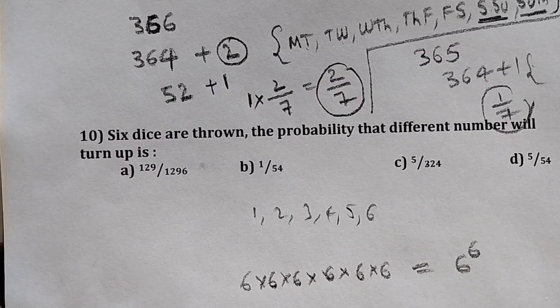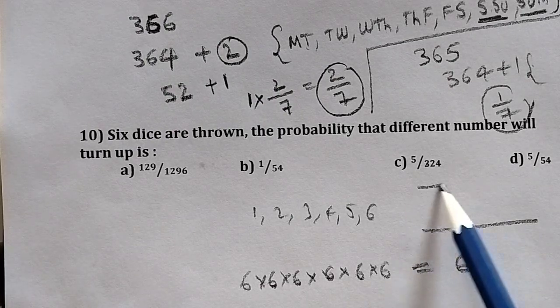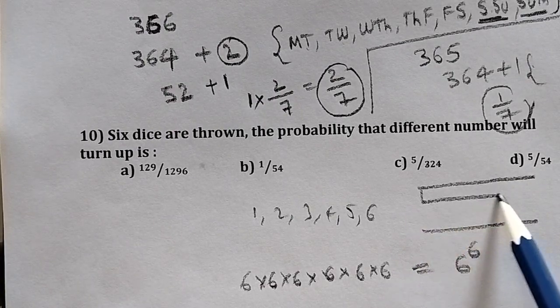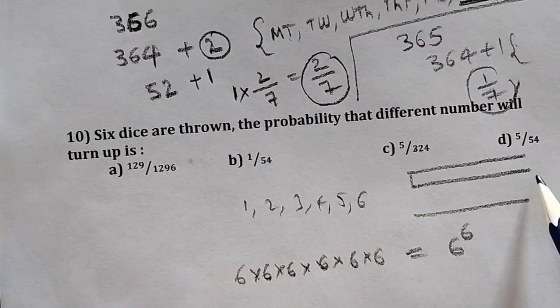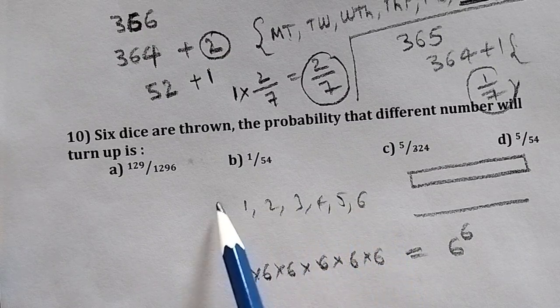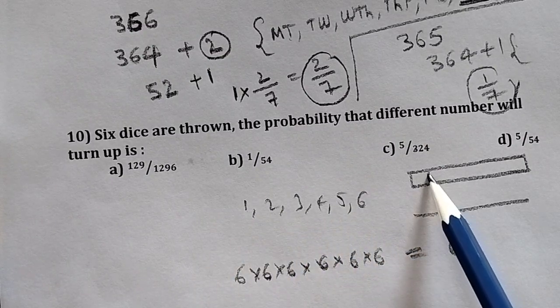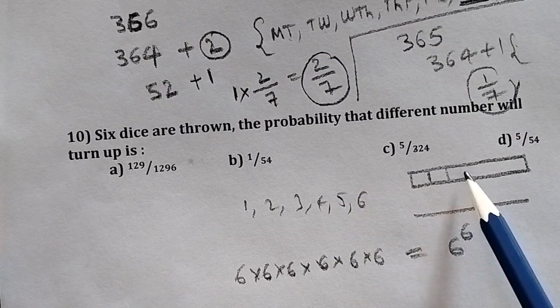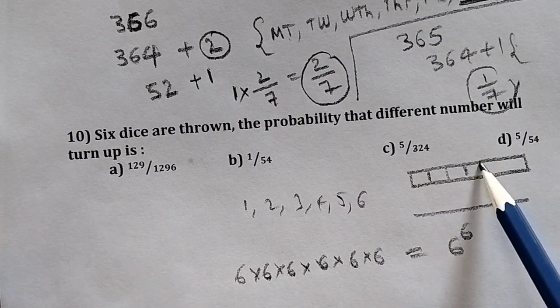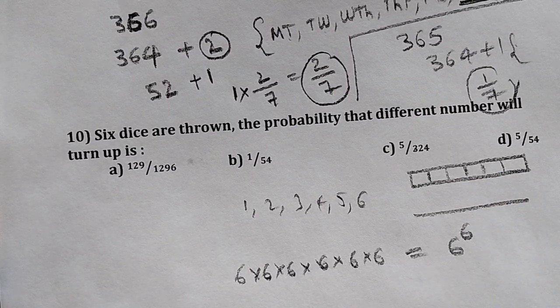What are the favorable outcomes we are expecting? While throwing 6 dice, the resultant numbers should not be repeated. Just assume there are 6 numbers available. How many ways can we arrange those 6 numbers to form 6-digit numbers with no repetition allowed?